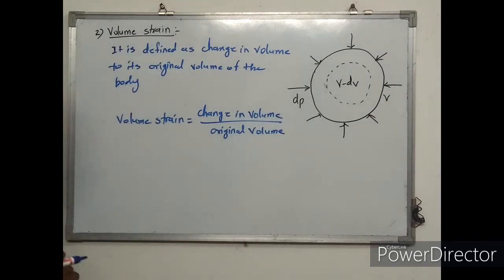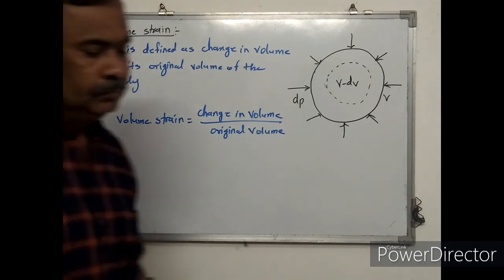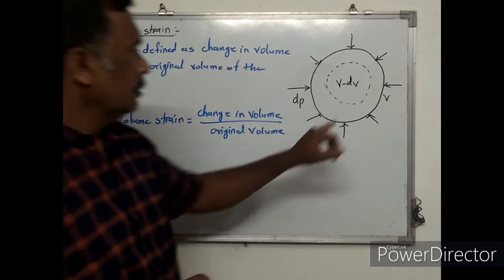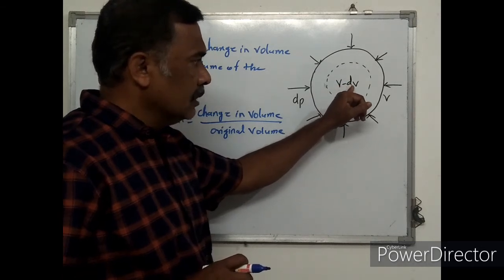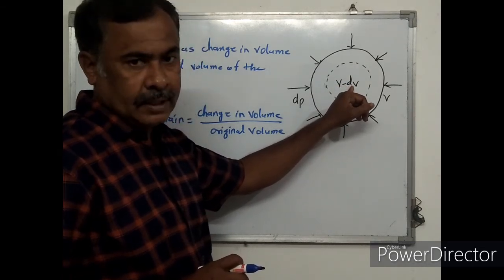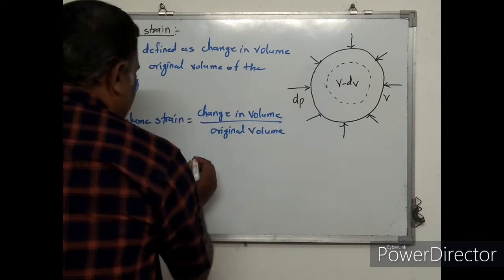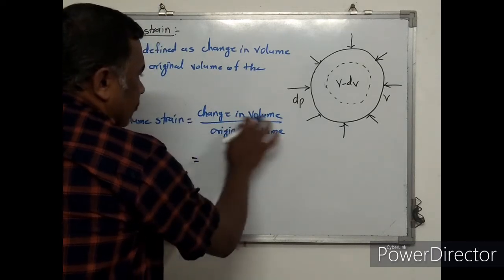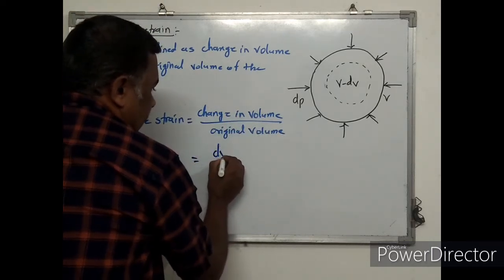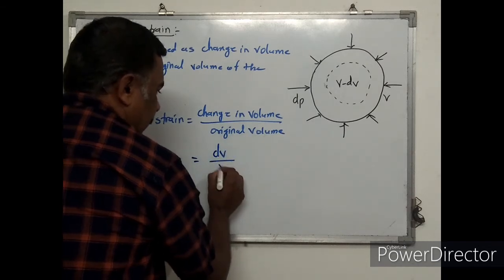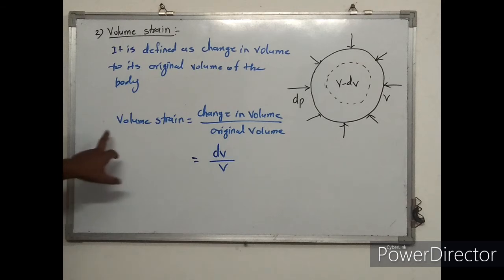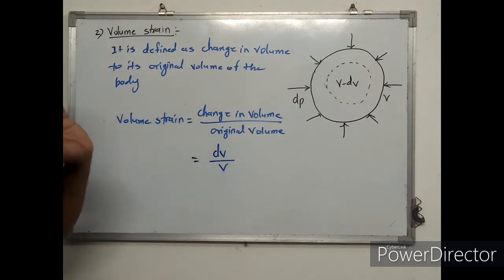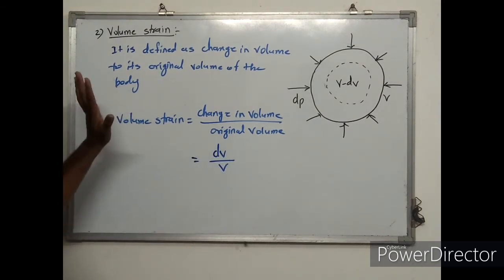Here change in volume is dV, right? And original volume is V. This is the equation for volume strain, that is dV upon V. This is the second type, right?